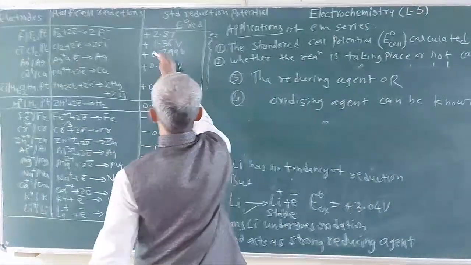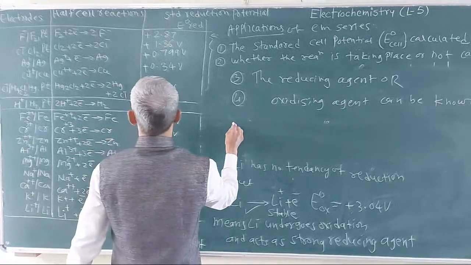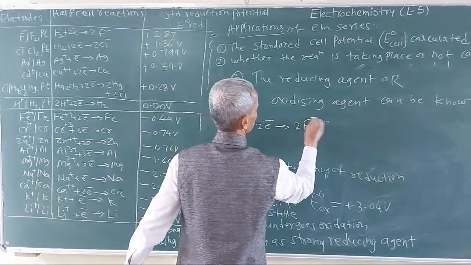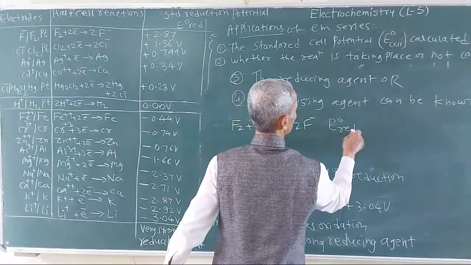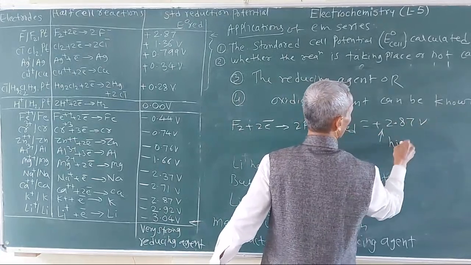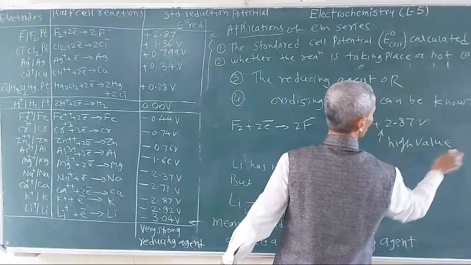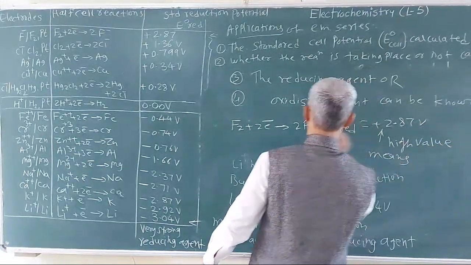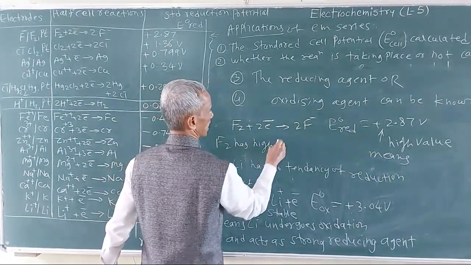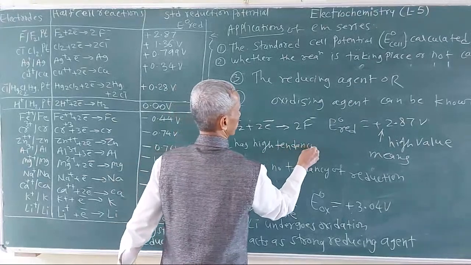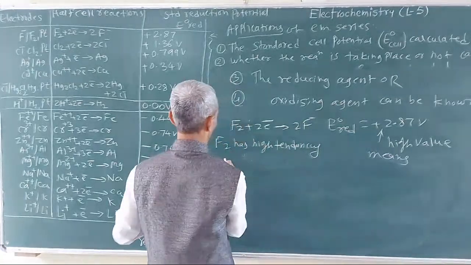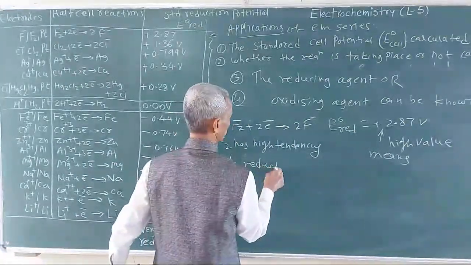Also, consider the electrode placed here, with E0 of reduction equal to plus 2.87 volts. This high positive value means that F2 has a high tendency of reduction.